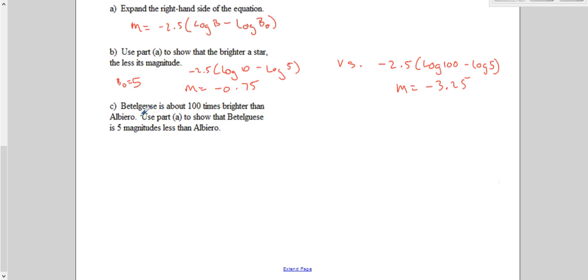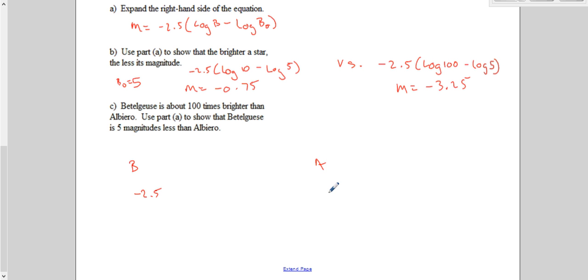All right, in part C, I don't really know how to say that, but I'll try. Betelgeuse or something like that is about 100 times brighter than Aldebaran. Use part A to show that Betelgeuse is 5 magnitudes less than Aldebaran. So I'm just going to put B and A. I'm going to set those up, and I'll have negative 2.5.